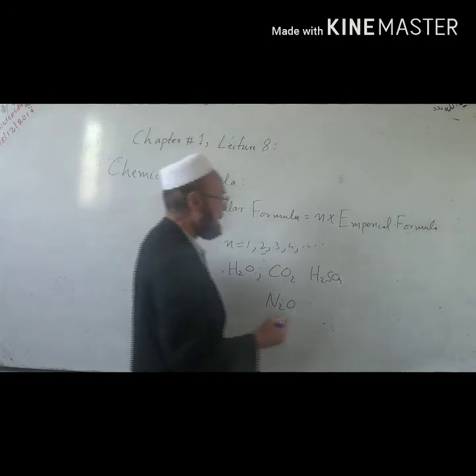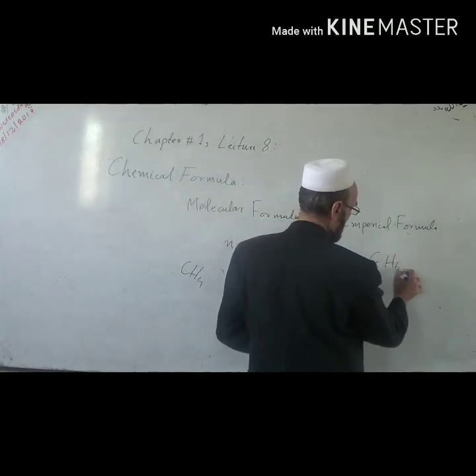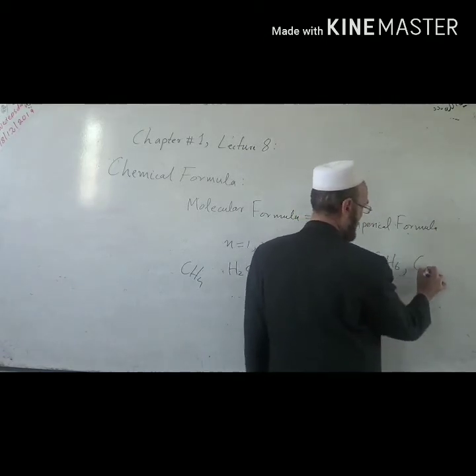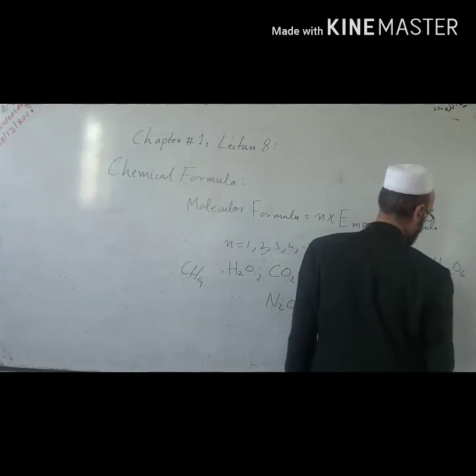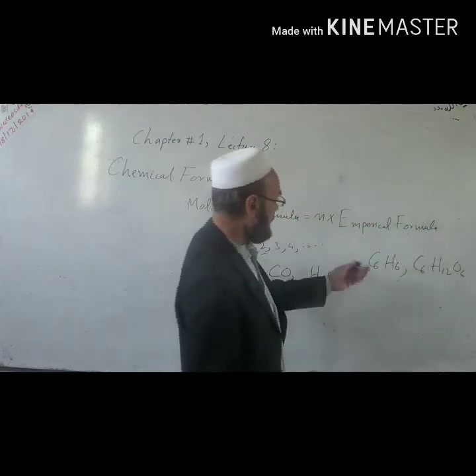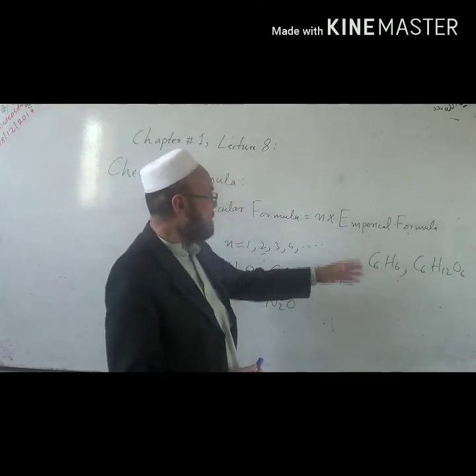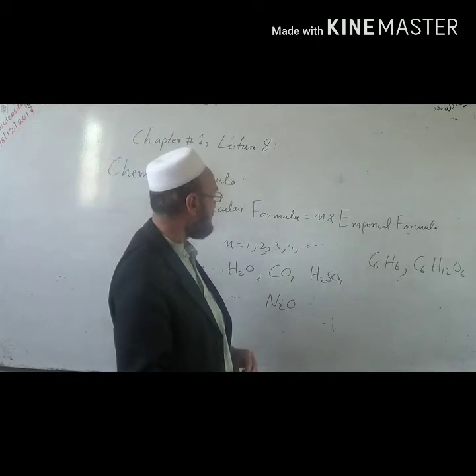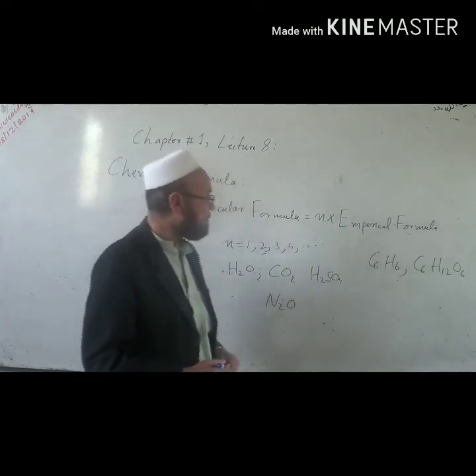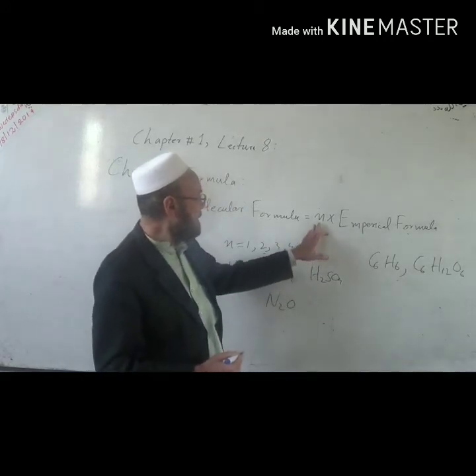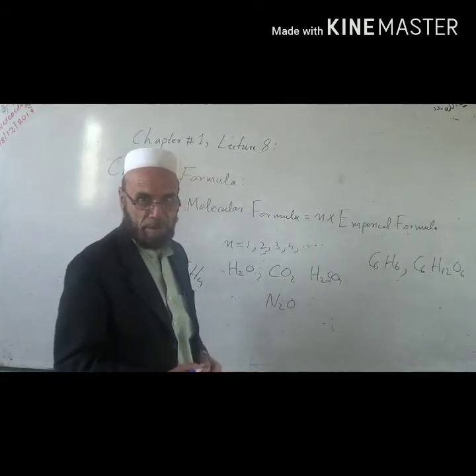But in case of other organic compound such as C6H6, sugar, glucose C6H12O6, and similarly other carbohydrate, molecular formula will be different from the empirical formula. So here the factor n needs to be calculated experimentally.